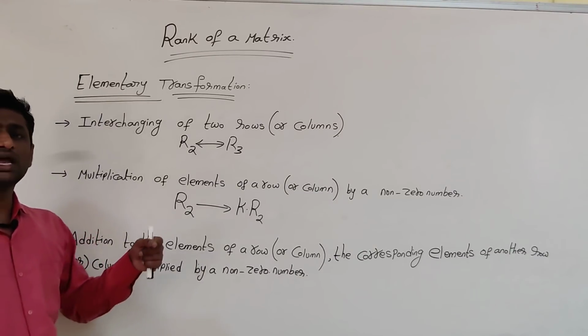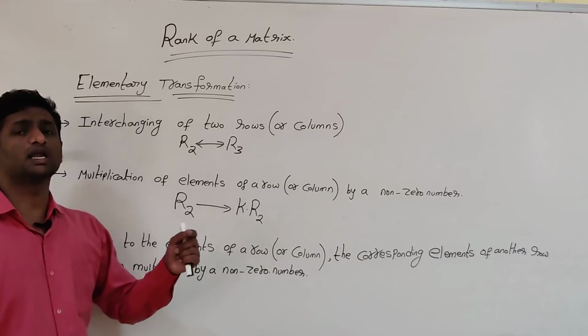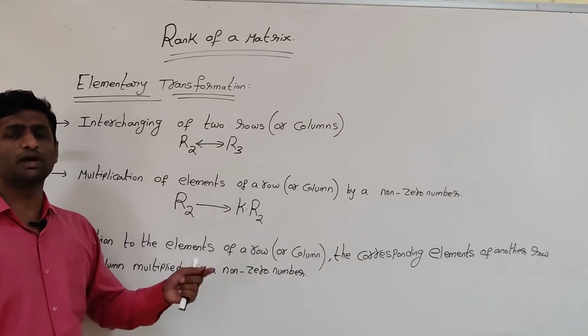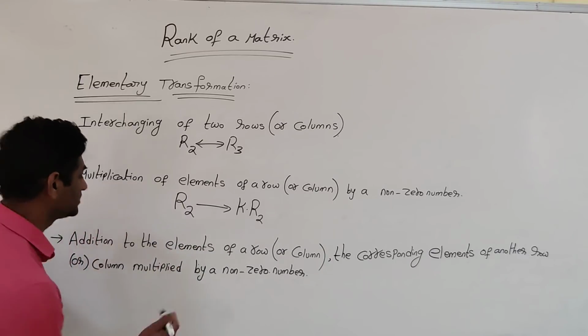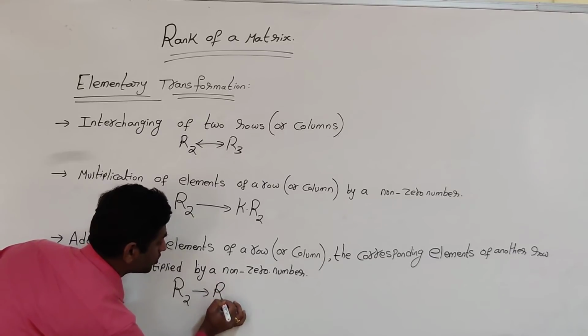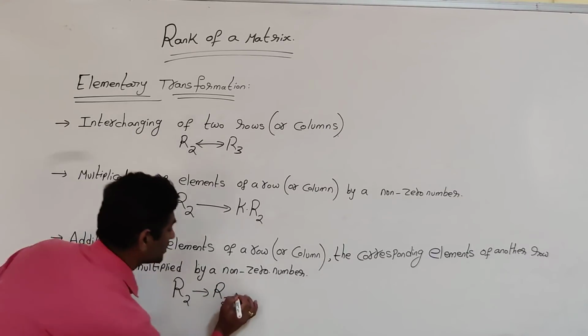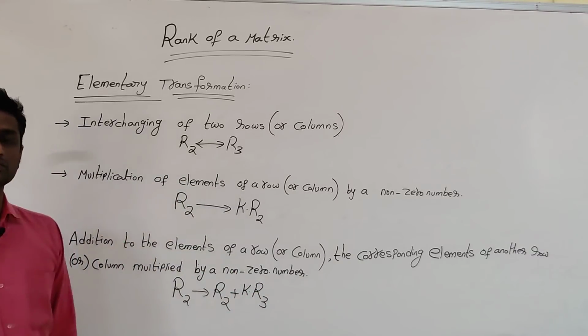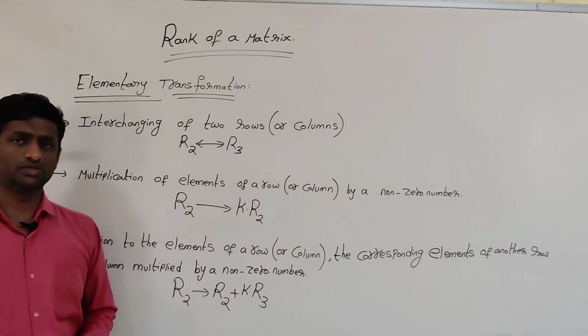That is, the elements of any row are added with the corresponding elements of another row multiplied by a number k. That is, R2 implies the elements of row 2 are added with k times the corresponding elements of row 3. So the rank does not change.